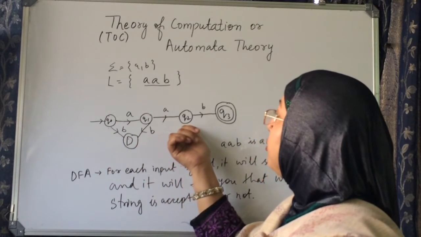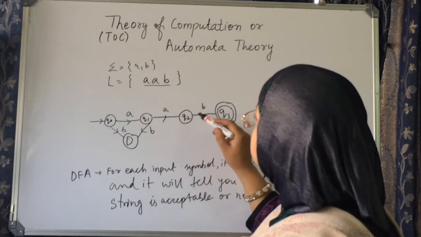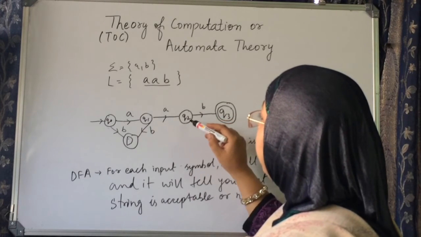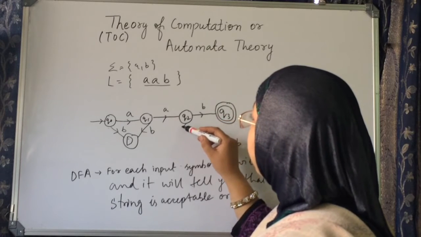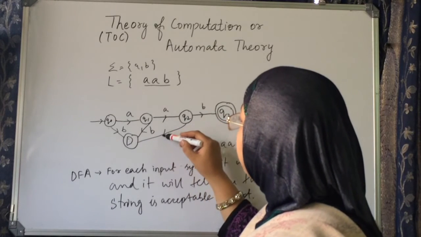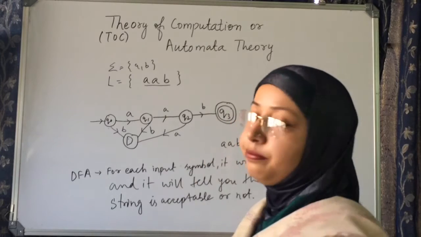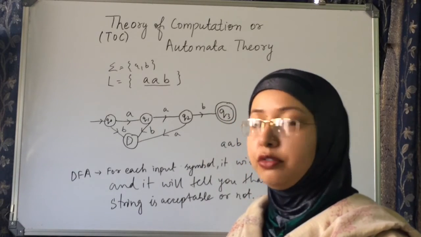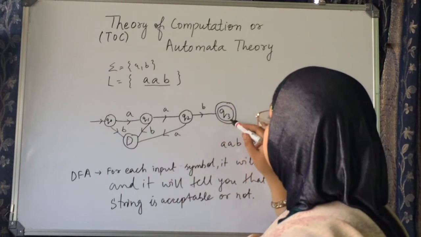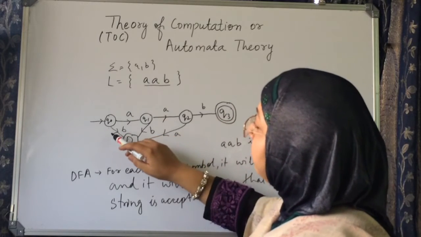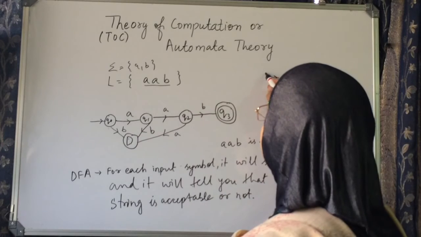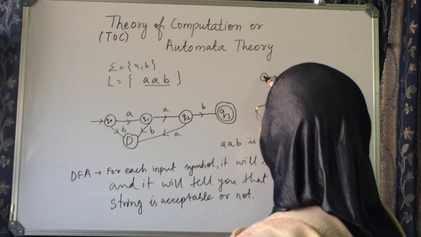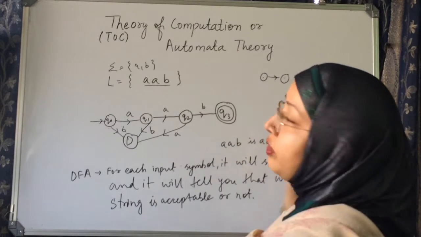And now from Q2, only if B comes will it go to Q3. Otherwise, if A comes, then it will go to dead state. From Q3 also, this arrow shows that it is coming from this state and going to this state.